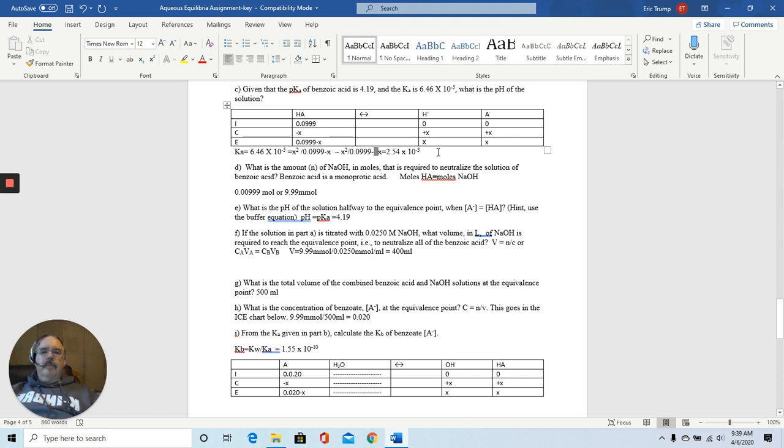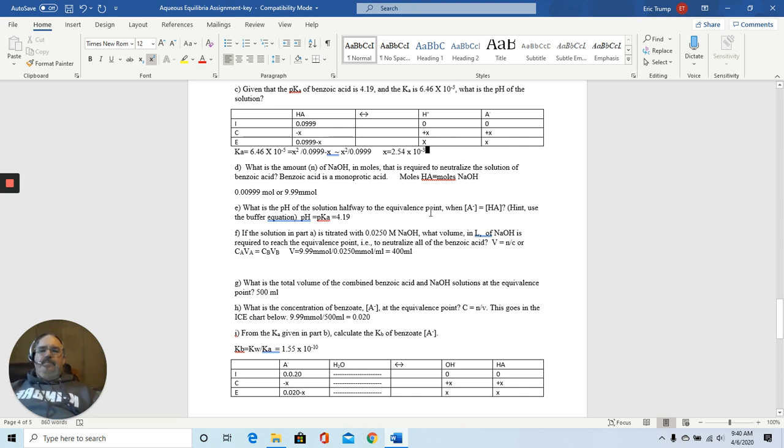Okay, and we can make an approximation here. So X is 2.54 times 10 to the minus third.